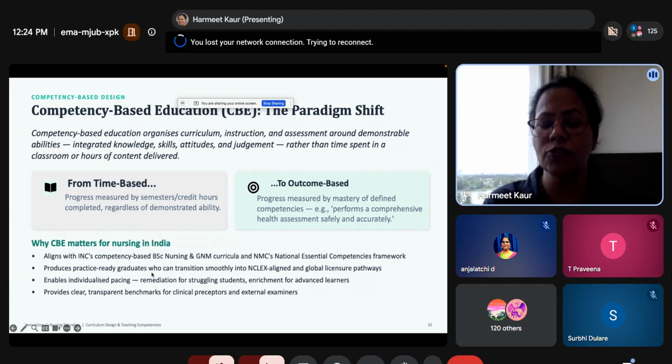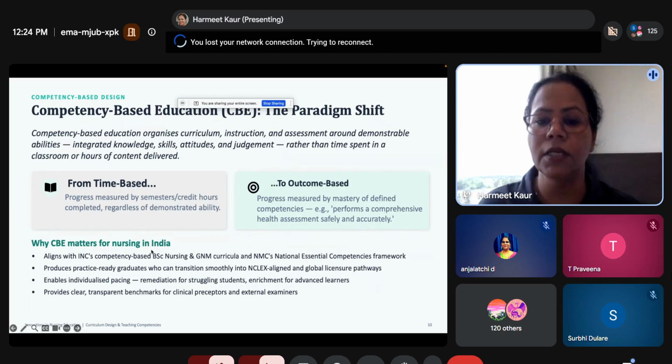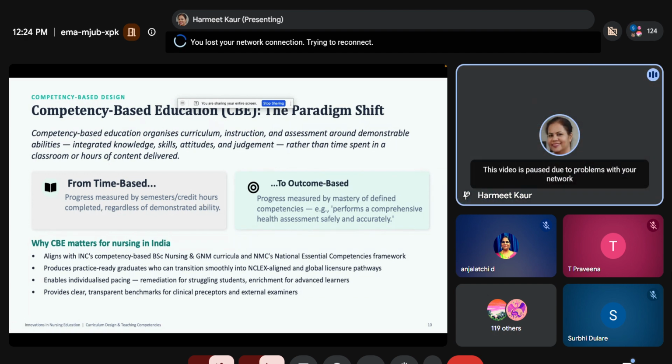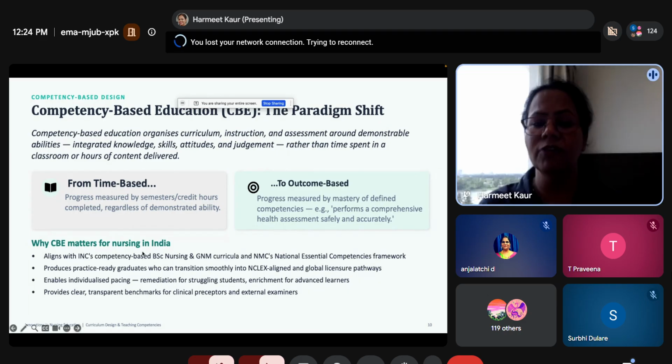This competency-based education matters a lot, particularly here, because now INC has given the competency-based curriculum. If you see the GNM and BSc syllabus, they have given different competencies in which students are supposed to be competent.